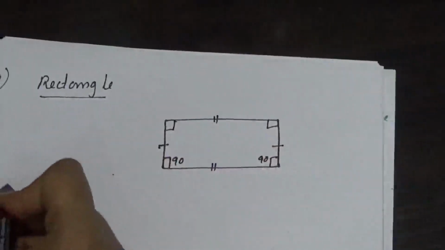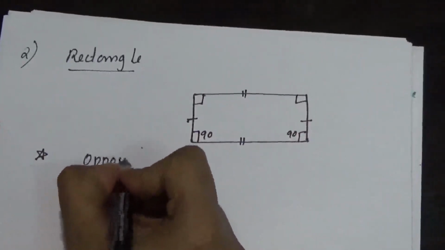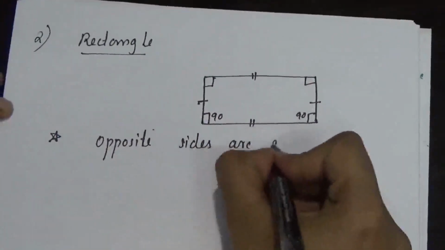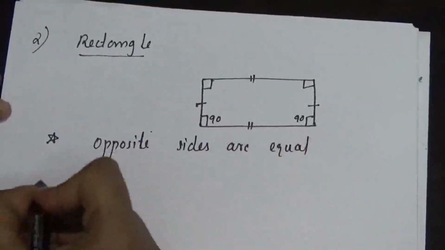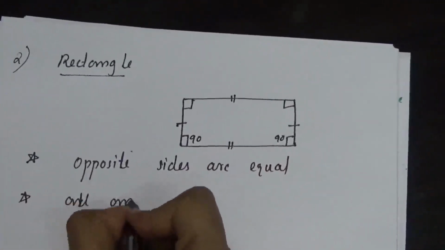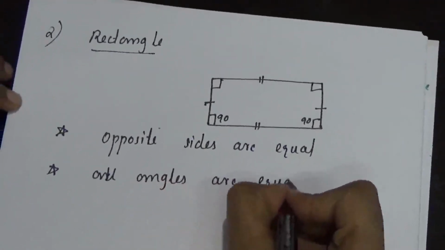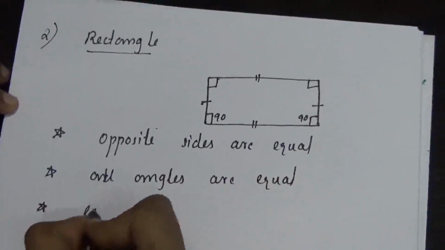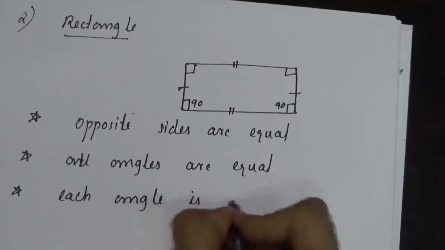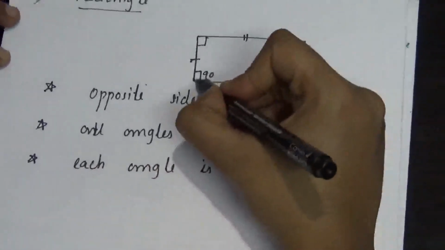Okay, so rectangle means opposite sides are equal, all angles are equal, each angle is 90 degrees.